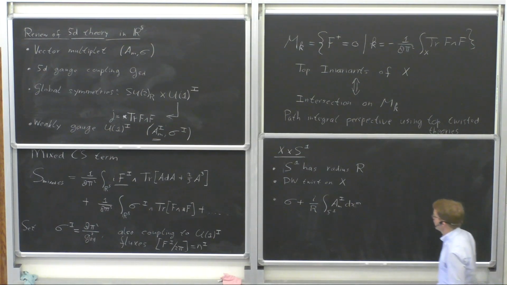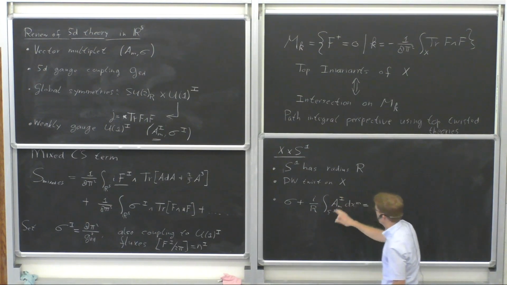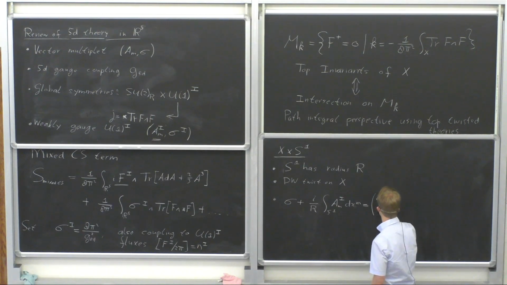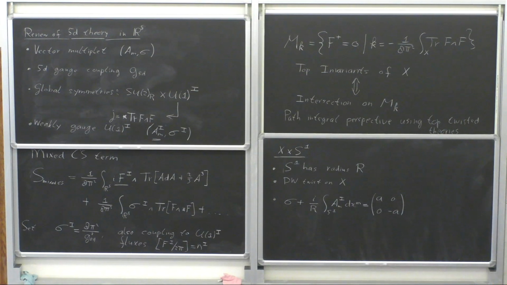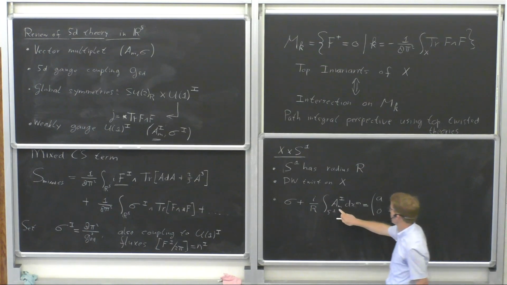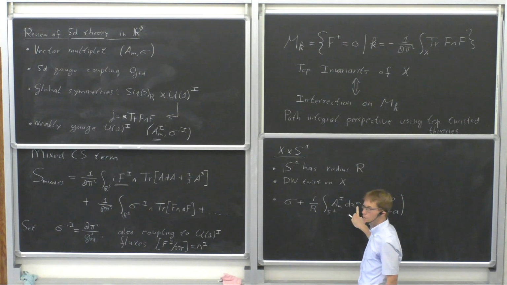Okay. And so we can choose a gauge where this is diagonal, of the usual Seiberg-Witten form. These m are the indices of the gauge field running from 1 to 5.